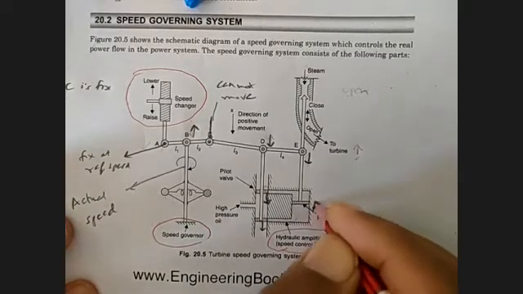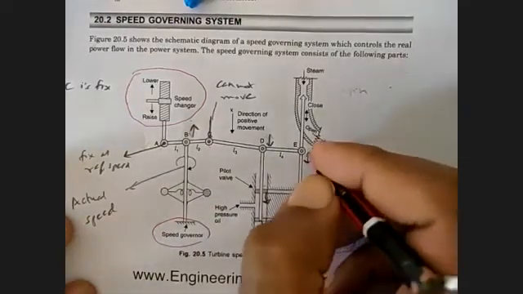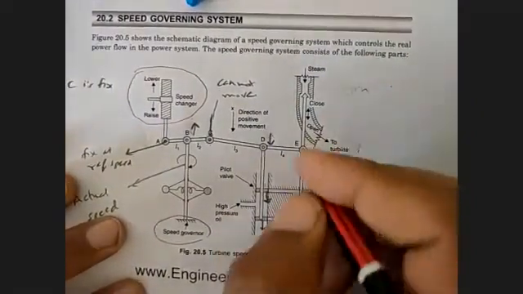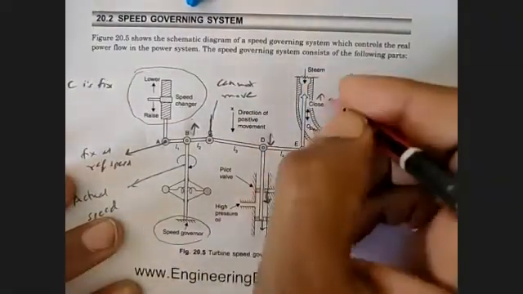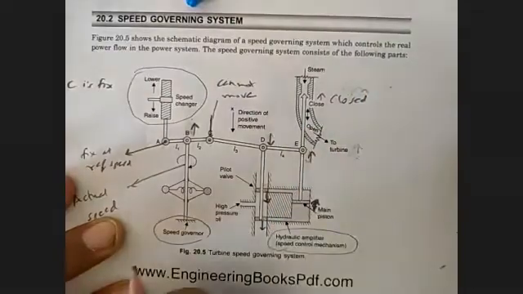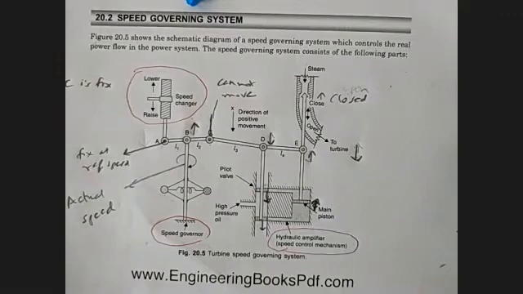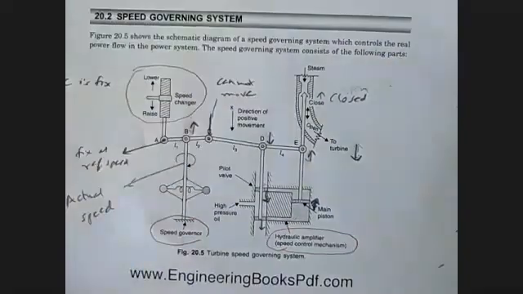That means this main piston will be shifted upward. That means this point E will be moved upward, and due to this movement in upward direction, this valve will be closed, and due to this the turbine steam input will reduce, and it will reduce the frequency or speed of the generator and turbine.